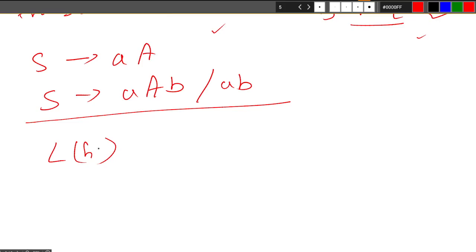Okay, actually this is not S, this is A. S gives AA and this A gives like this. What will be the language?